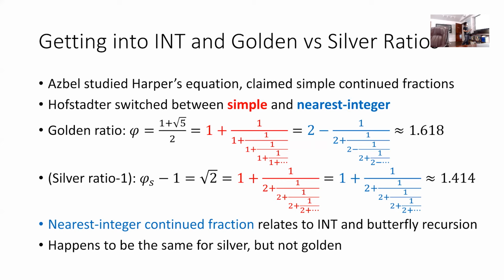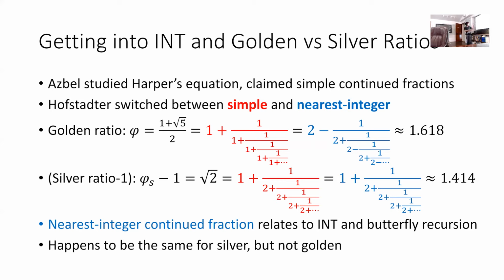But it turns out that there's this notion of simple, which always has plus signs here, and this notion of nearest integer, which can have plus and minus. The difference is, if you look at what this converges to, it's 1.618, which is closer to 2.